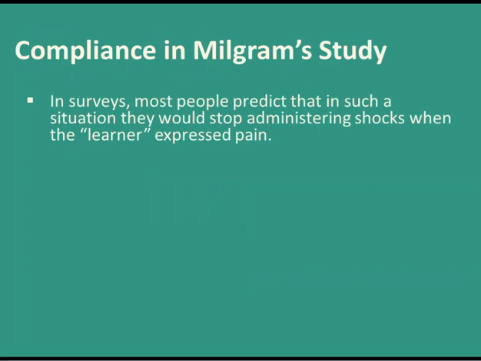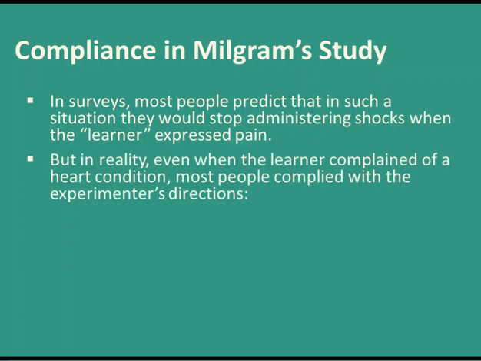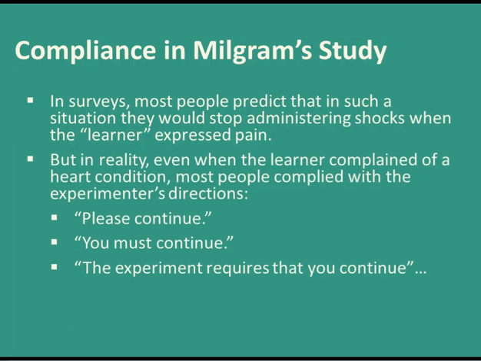In surveys, most people would predict that in such a situation, they would stop administering shocks when the learner expressed pain. But in reality, even when the learner complained of a heart condition, most people complied with the experimenter's directions to please continue, or you must continue, or the experiment requires that you continue.